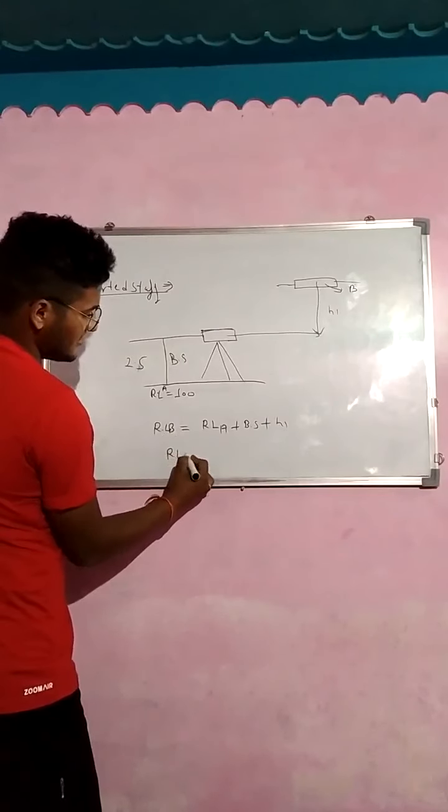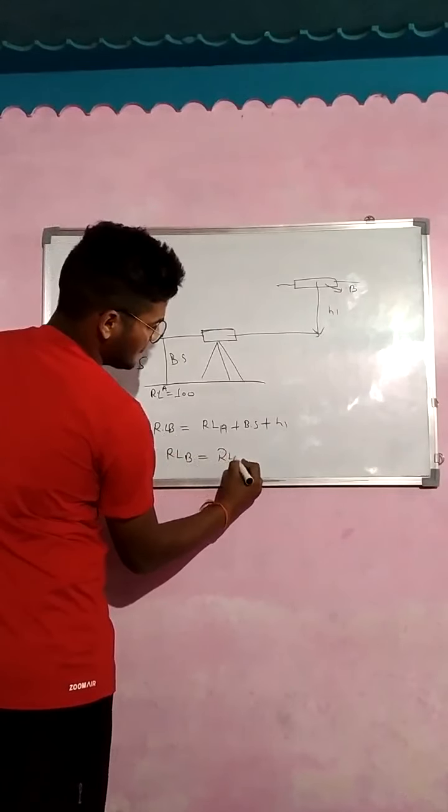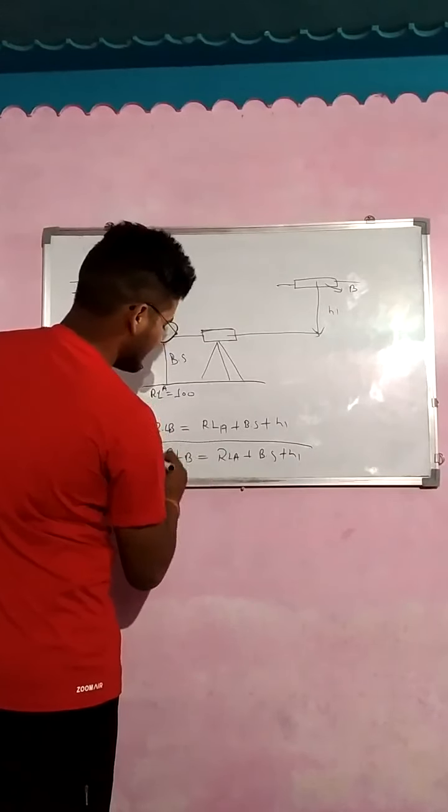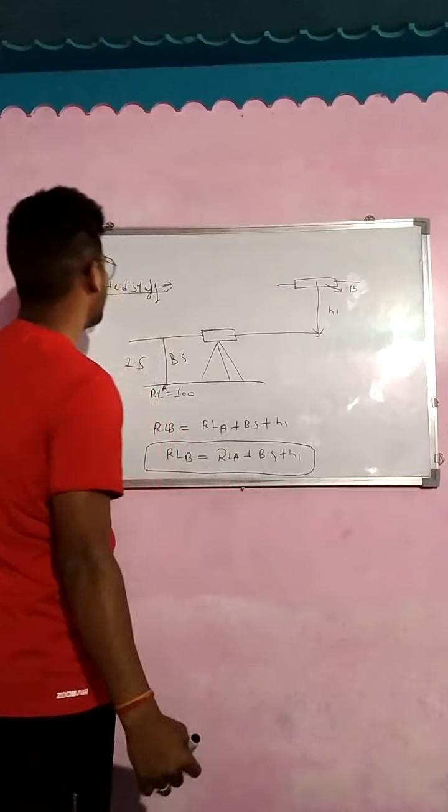So RL of B is RL of A plus backside plus H1. So this is the concept of inverted staff.